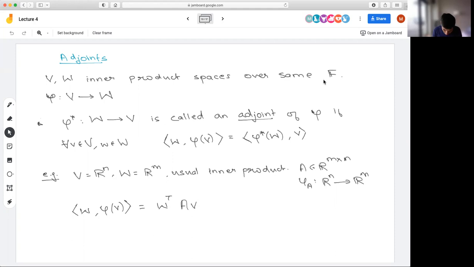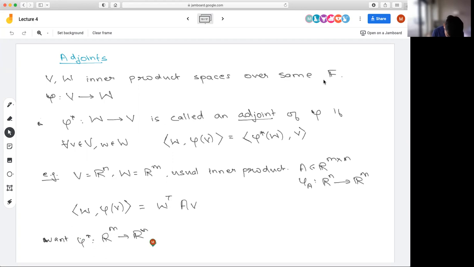And what we want is phi star, which maps the other way around.